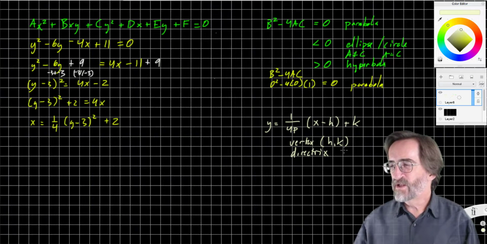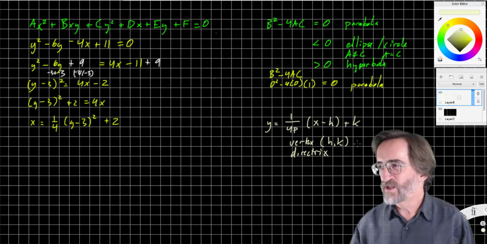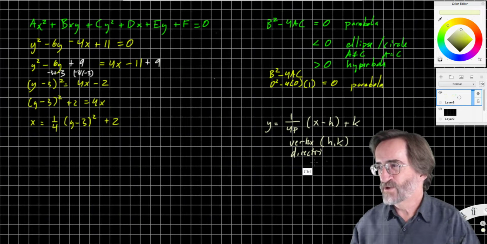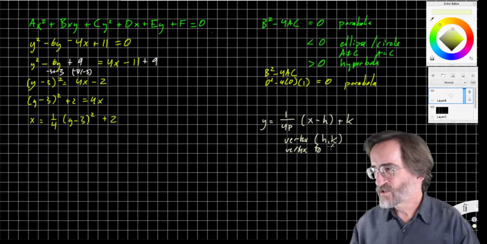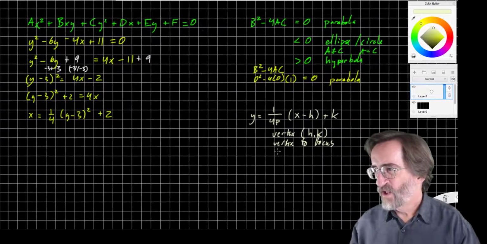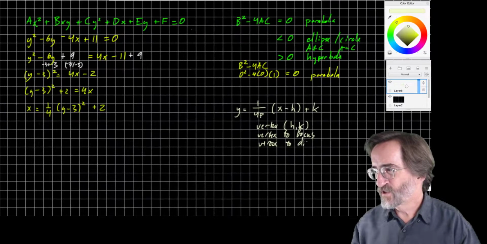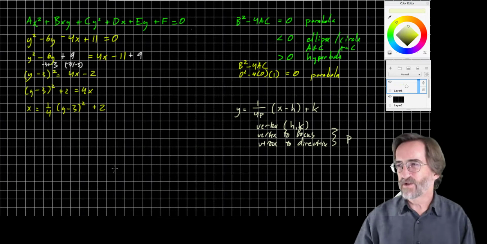The value p has something to do with it here. It is the distance between the vertex and the focus, and the vertex and the directrix, and I'll explain what those are in a moment. Those are p.